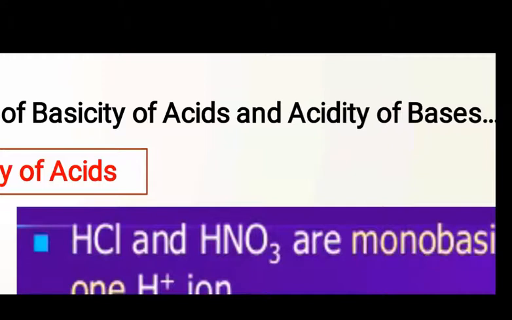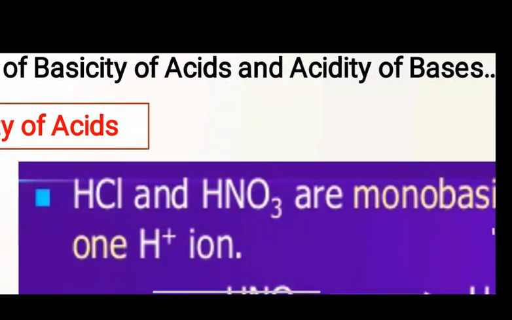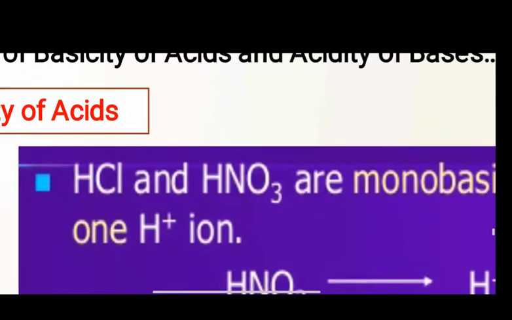So, how do we define a monobasic acid? A monobasic acid is that acid which consists of one replaceable hydrogen ion. Understood? It is known as a monobasic acid, just like HCl and HNO3.